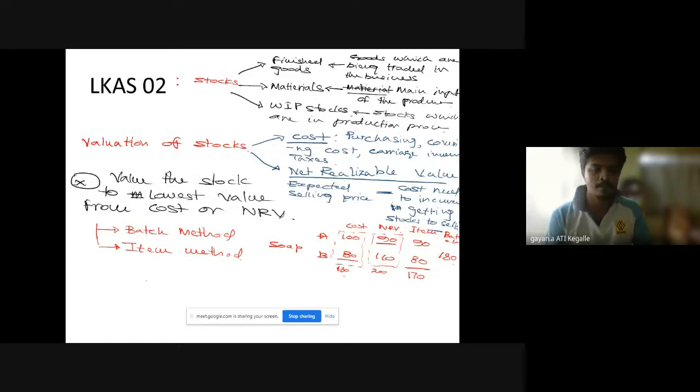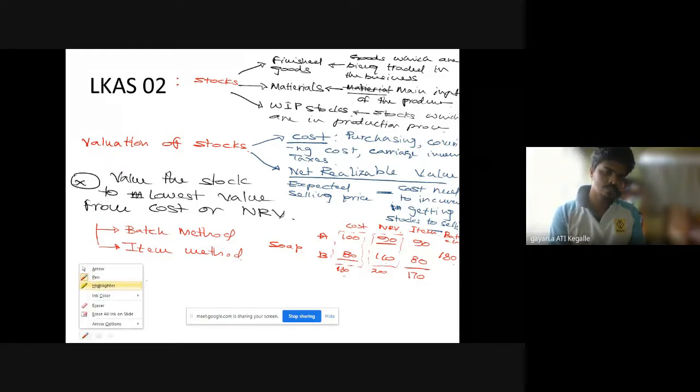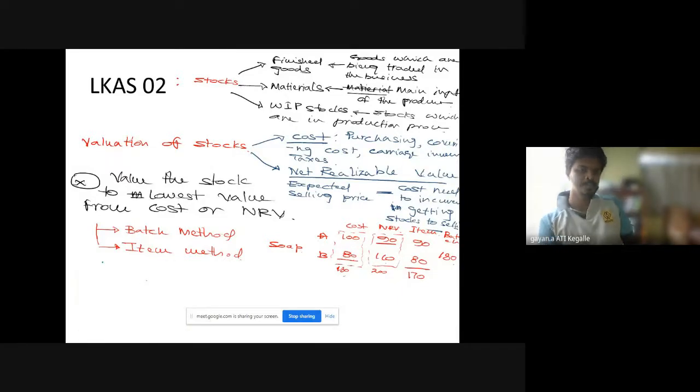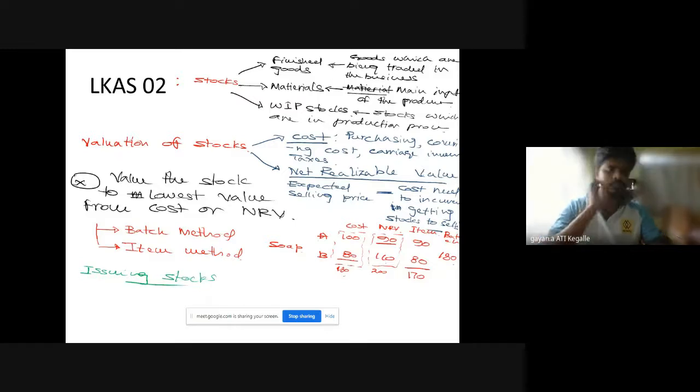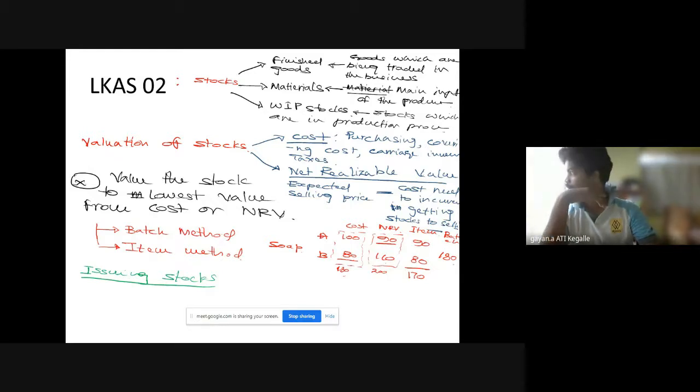Then another important thing, the last point I can highlight in LKAS 2 is issuing stocks. Actually, this normally belongs to costing. Okay. Issuing stocks, normally you have heard, තොග නිකුත් කිරීමේදී ඔයාලා කතා කරලා ඇති.